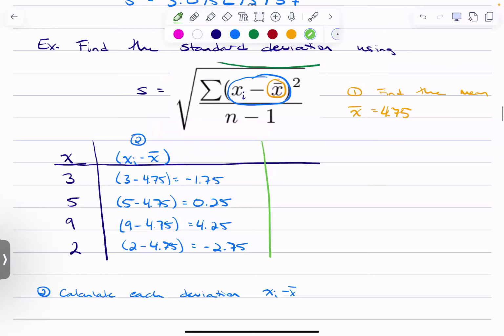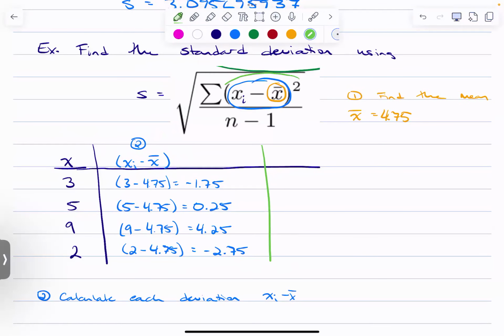Our next step is to square each of these values. So here, xi minus x bar squared, which is going to be negative 1.75 squared.